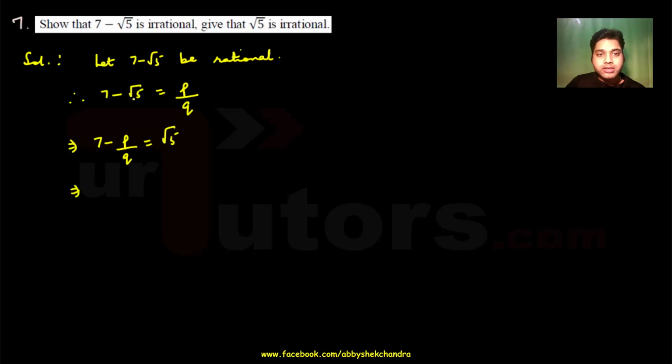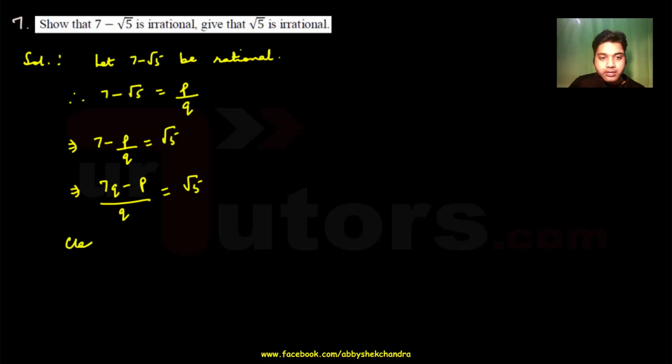I shifted this minus root 5 to the RHS, it became plus root 5. And I also shifted this p by q to the LHS, it became minus p by q. Then we take LCM as q, we'll get 7q minus p by q equal to root 5.